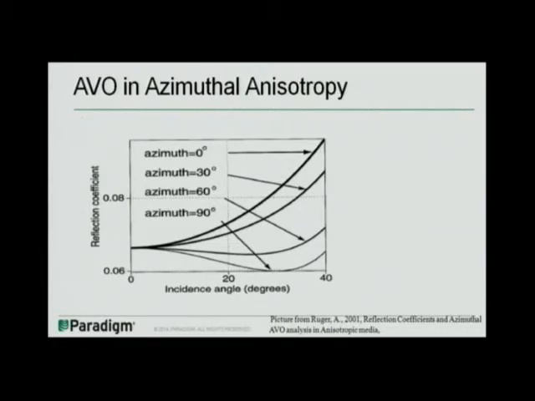This is angle or offset, and this is the amplitude of the seismic response. You can see that it is increasing like that with the angle, and if you go to 90 degrees, you will see a completely different response. So this is another phenomenon that we use in order to map this anisotropy phenomenon on the horizon.